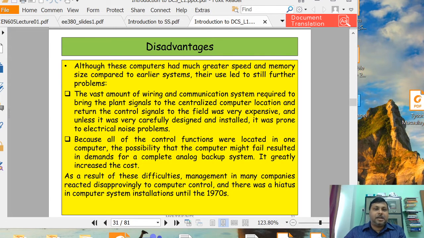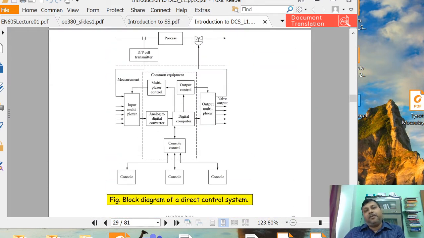Try to understand, in a plant thousands or more than thousands of process variables will be there. All the process variables are required to be measured, and you have to send them to a central computing facility. So you require a large amount of wiring which will come to a central computer room.